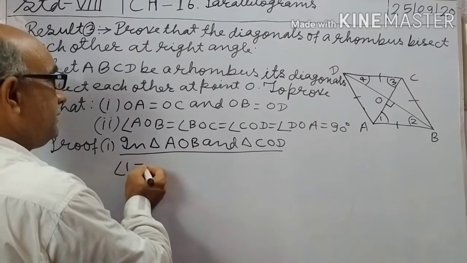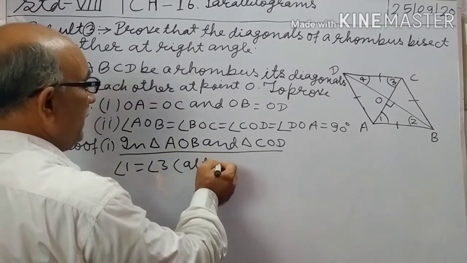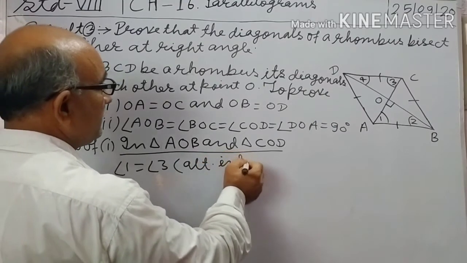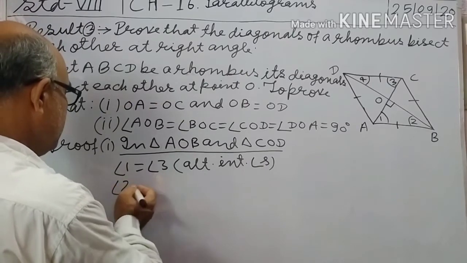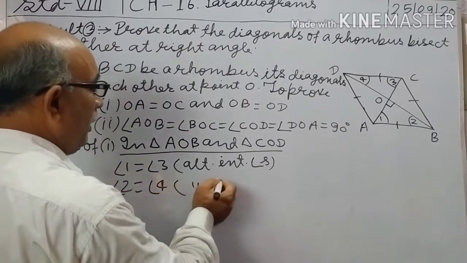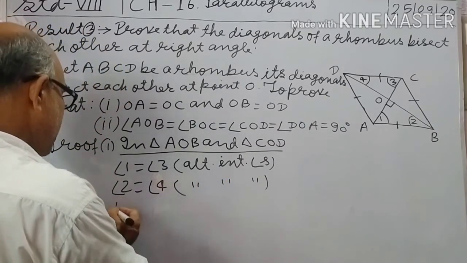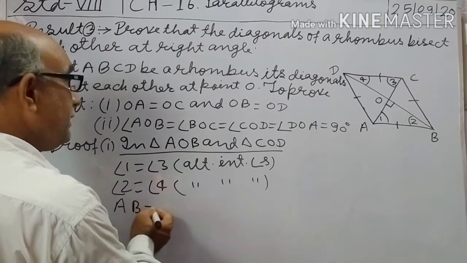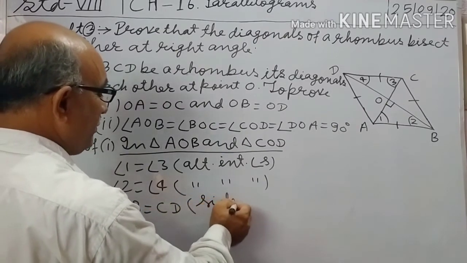Angle 1 equal to angle 3, alternate interior angles. Angle 2 equal to angle 4, also alternate interior angles. AB equal to CD, sides of a rhombus are equal.